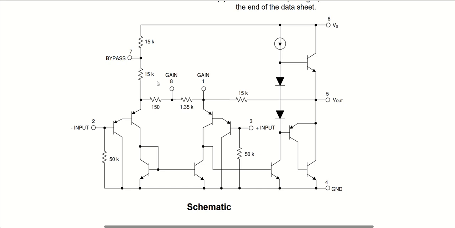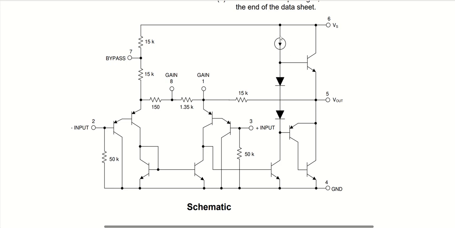So this one is an LM386, which is a low voltage audio power amplifier, and we can see it has the differential input with the extra transistor to increase the input resistance. There's the current mirror. We have a gain stage, and we have the output stage.